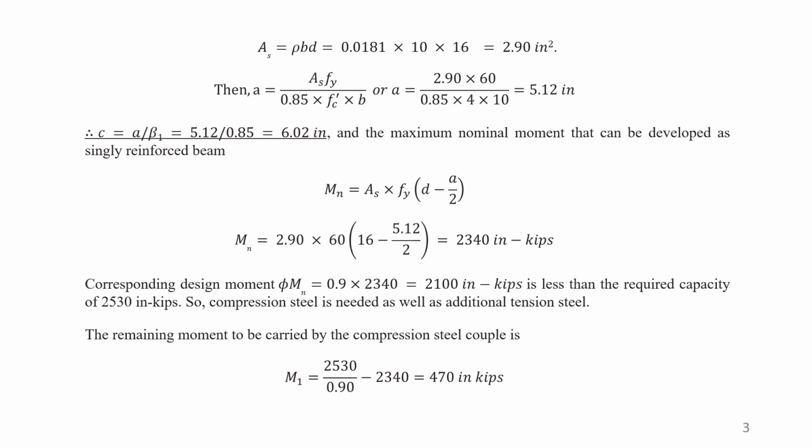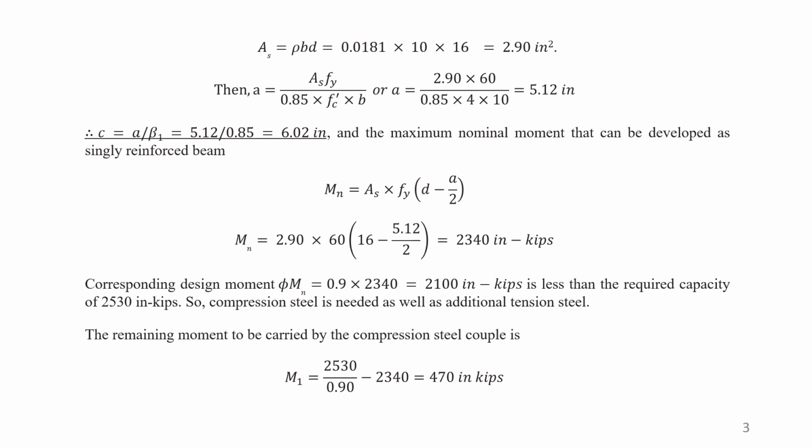We have discussed this in previous classes, and the AS required comes as 2.90 inch square, which is the steel area for the general rho of 0.0181 multiplied with the effective cross section.